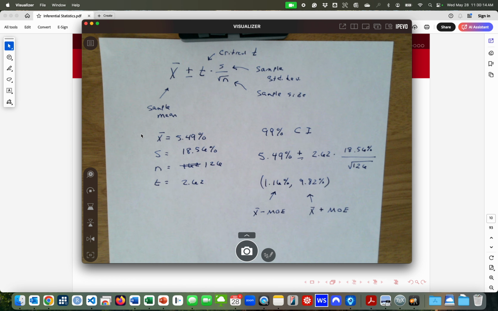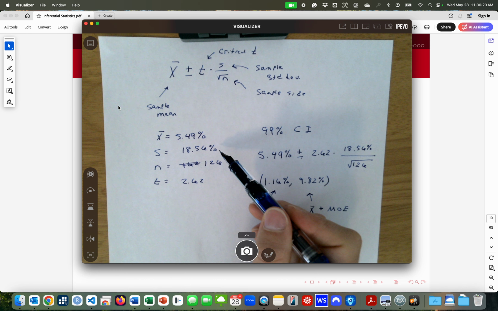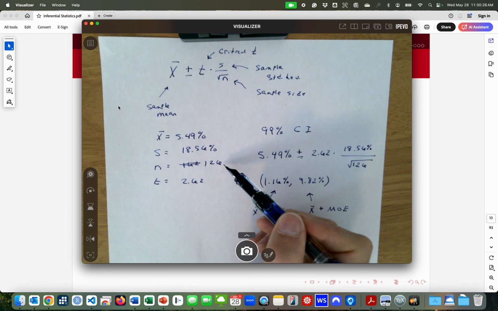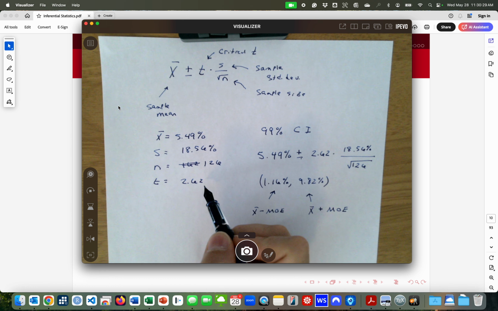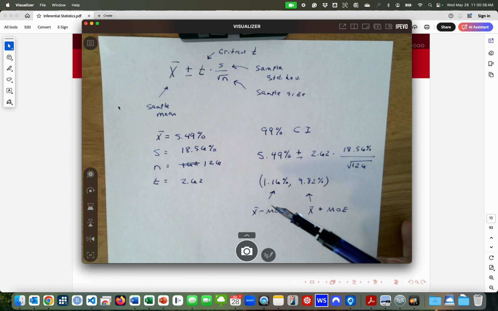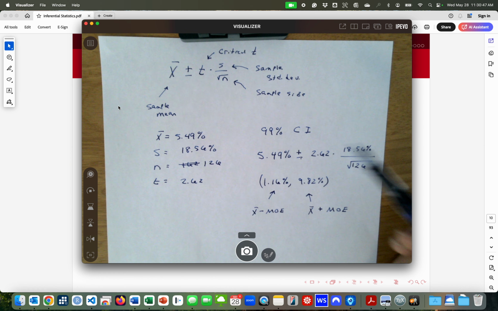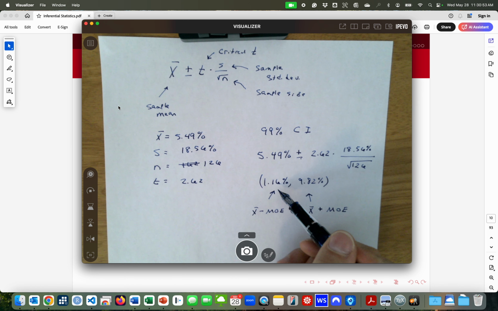So we would say, based on the sample mean of 5.49%, the sample standard deviation of 18.56%, the sample size of 126, again, this number comes from our confidence level and sample size, I am 99% confident the true monthly return for Tesla falls somewhere between 1.16% and 9.82%.